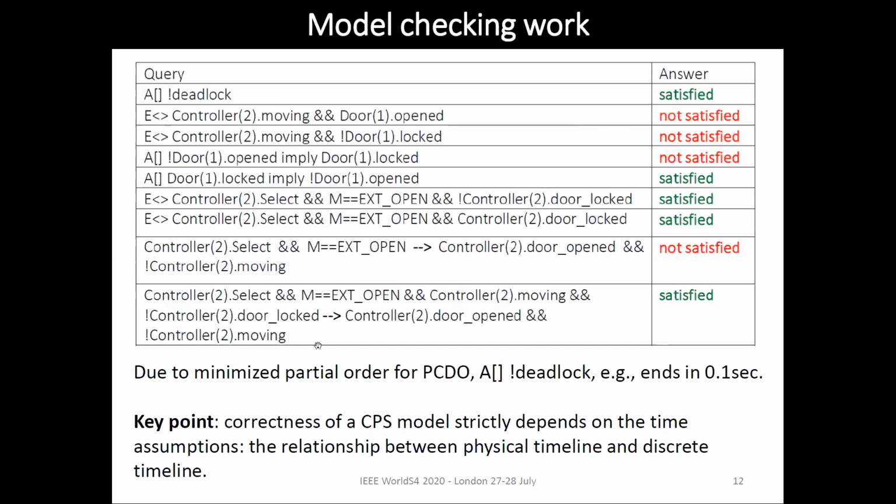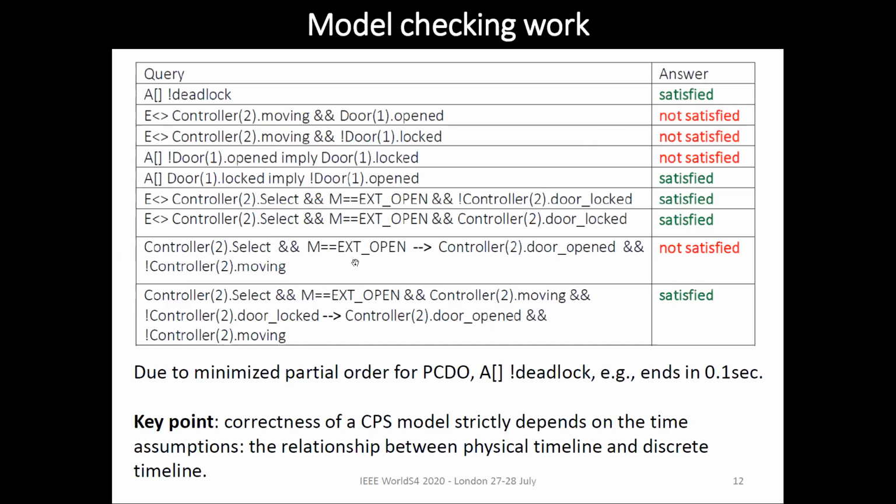And so the other property, for example, the last two mentioned: what happens if the controller receives an external open, the button which the passenger can press. Here is a query which is based on the leads-to operator.